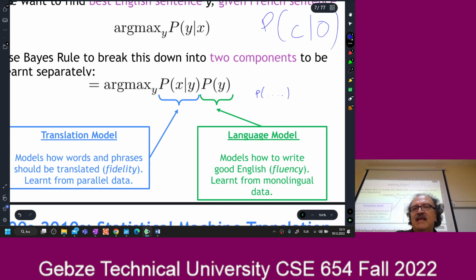The other one is fidelity, okay? I can produce very nice English sentences, but they should have the same meaning as the French sentence. That's the translation model. So I'm going to ignore this part now. We know how to do that already. I'm going to look at this translation model now.